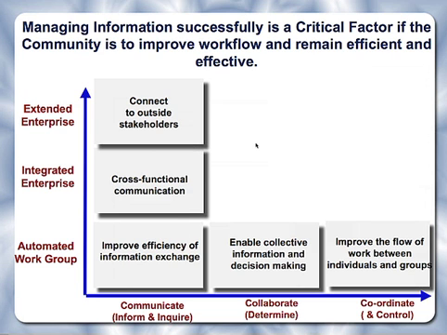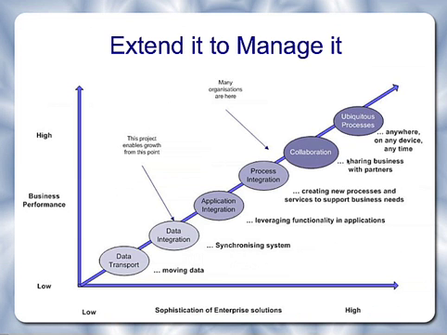Now, we won't go into the detail here of the boxes. You can come back and look at this later if you want. But basically you need cross-functional communication, and you need collective information decision making. And you need tools to improve that flow of work between the groups and to connect to outside. And that's where we have a look at how those are built into Metanode and how we use them.